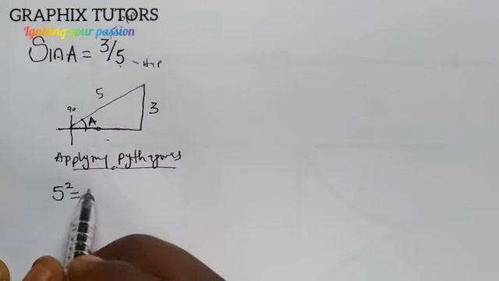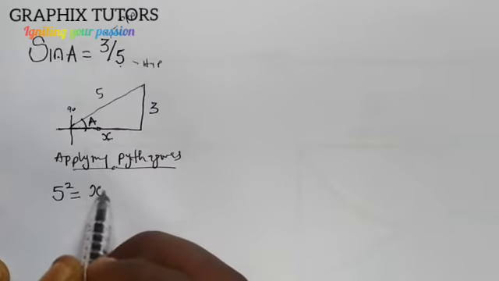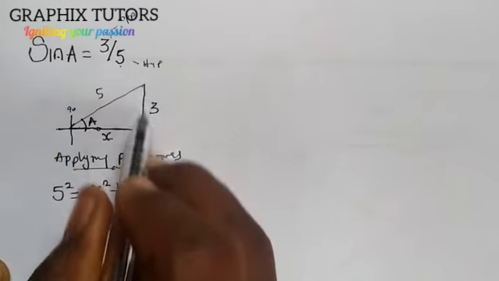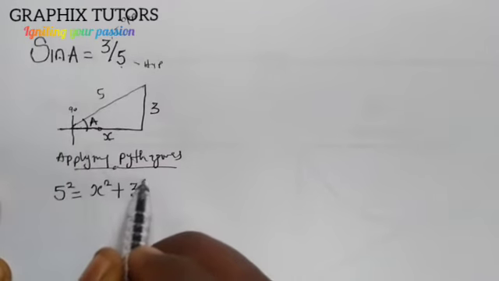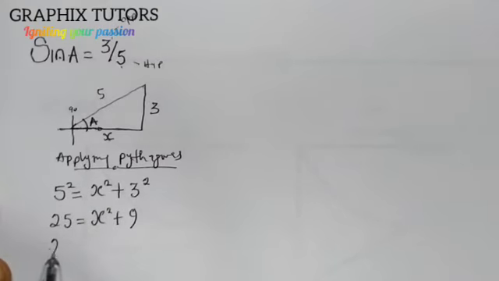The adjacent squared, which we don't know, we'll call it x, plus the opposite squared, that is 3 squared. So 5 squared is given as 25, equals x squared plus 9. When the 9 is coming here, it becomes negative. So we have 25 minus 9 is equal to x squared.